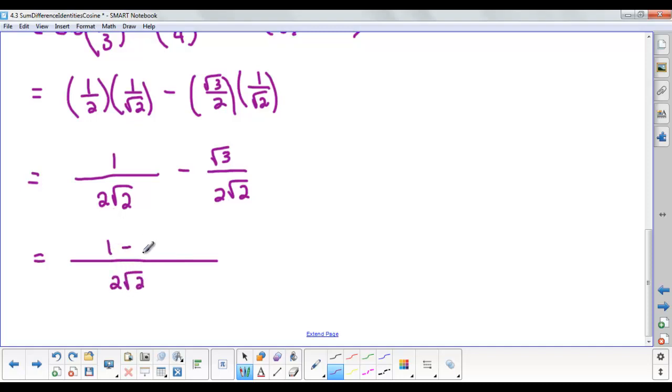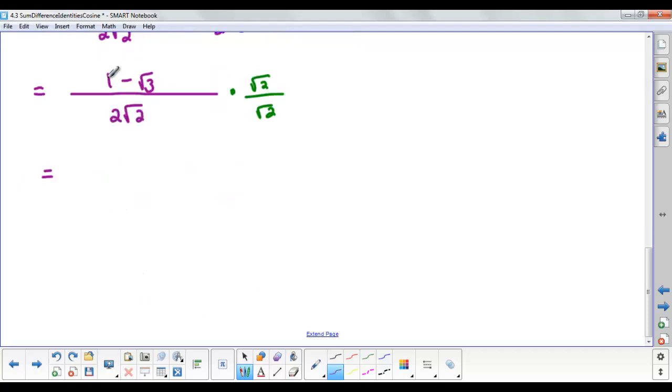So we'll end up with 1 minus root 3. Again, we can rationalize, and the thing we want out of the denominator is the root 2. So we are multiplying by 1. Okay, so up top we're doing the distribution. 1 times root 2, and then negative root 3 times root 2.